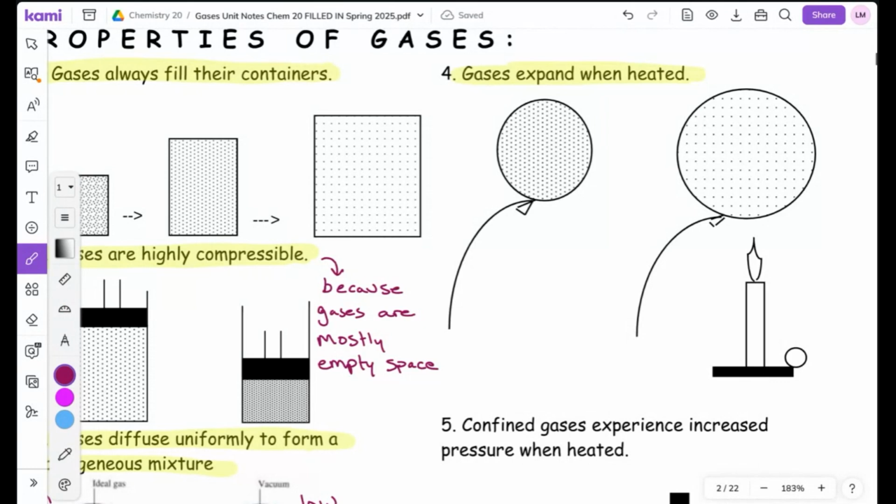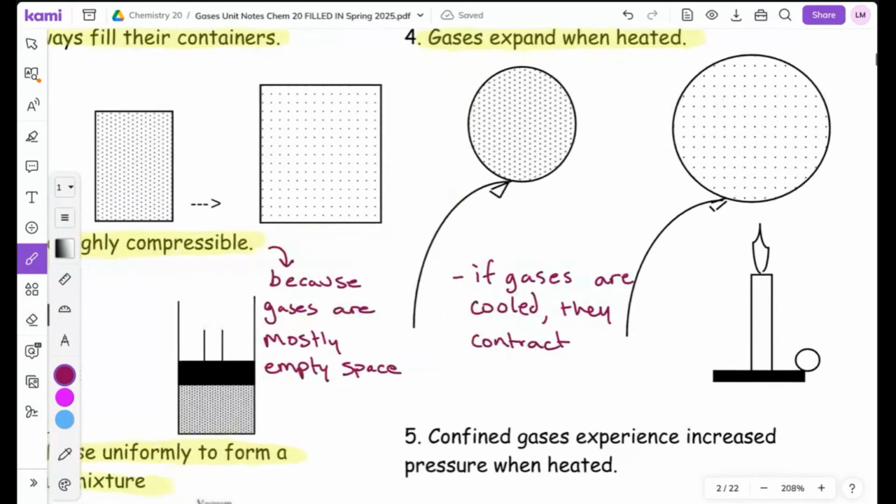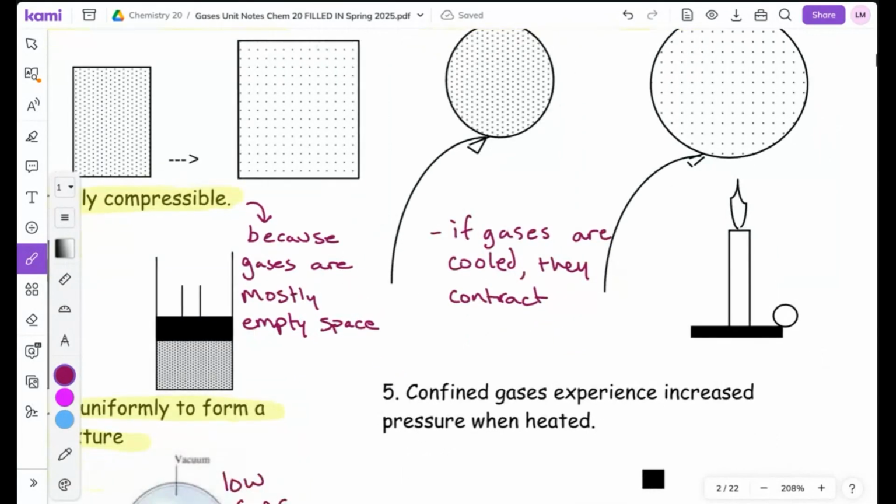So let's just add that in here. When gases are heated, they expand. When you cool them, they contract.